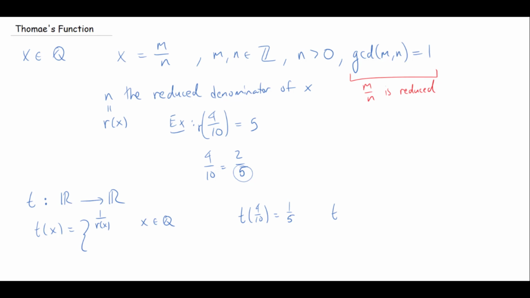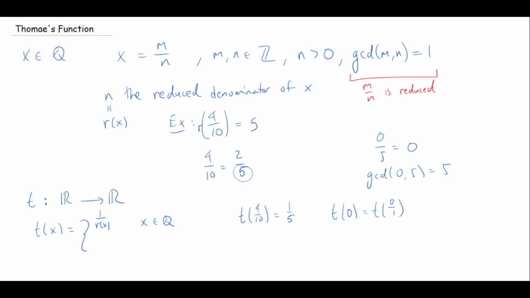It's probably useful to note, what happens with 0? Well, the reduced fraction for 0 is 0 over 1. Of course, I could use any denominator I liked. 0 over 5 is also equal to 0. However, the GCD of 0 and 5 is 5, since 5 divides both 0 and 5.